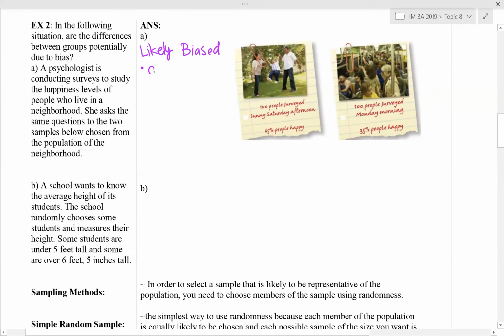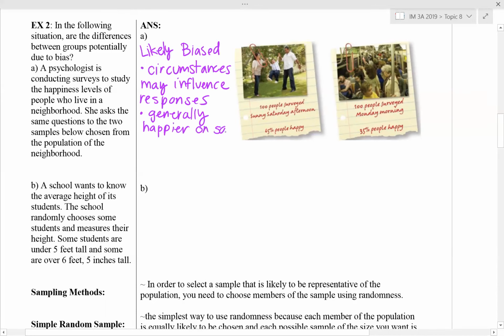And again, the circumstances of the people when they were asked may influence the responses. What we mean by that is that generally people are going to be happier on a Saturday versus a Monday.